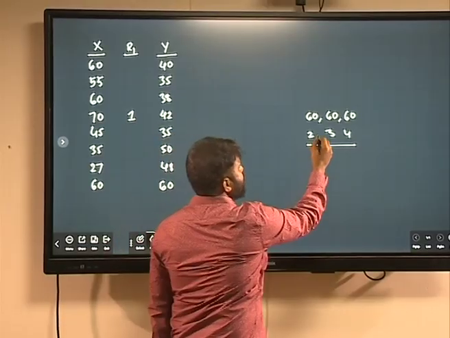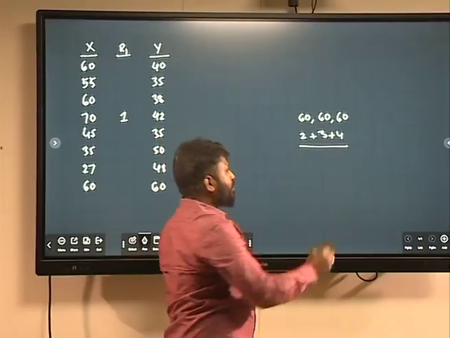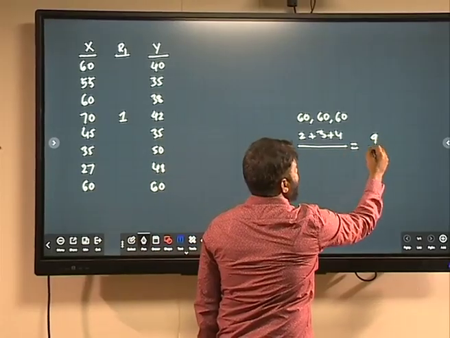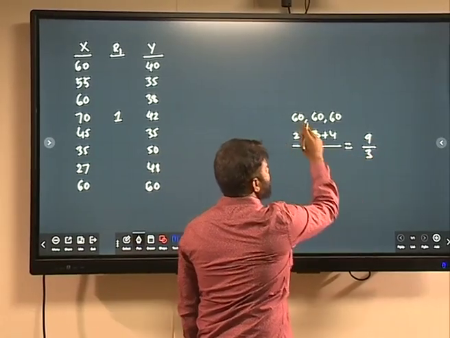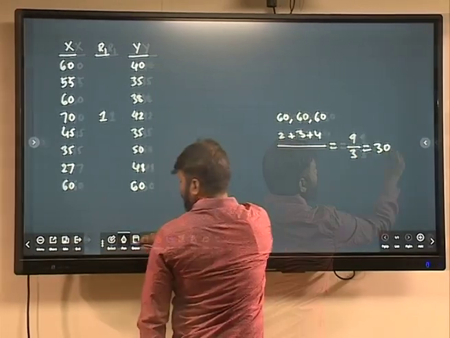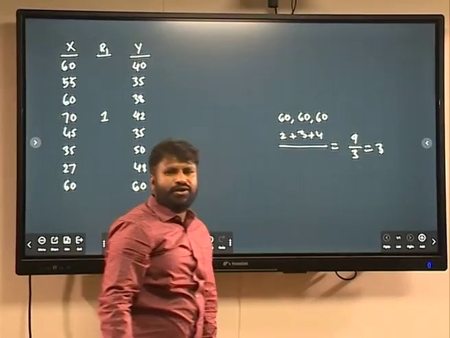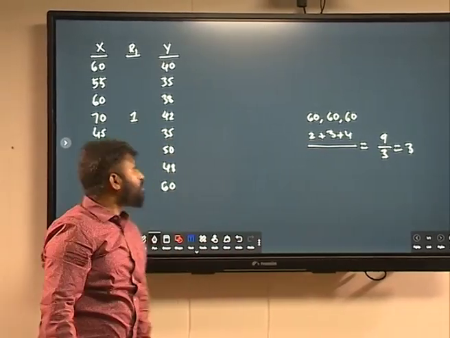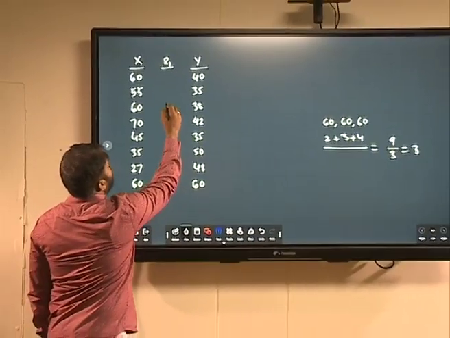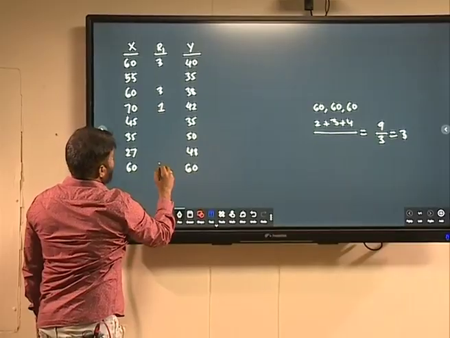So, 2 plus 3 plus 4 is total 9. That 9 is for the 3 variables covered. So, on average, for each one we assign rank 3. So, for 60, it is 3, 3 and 3.